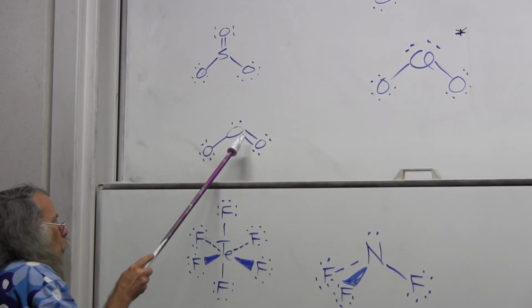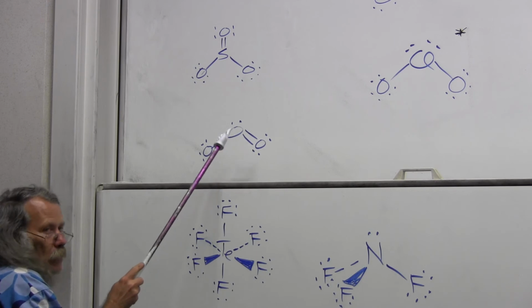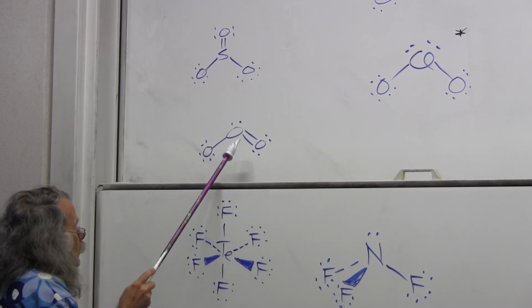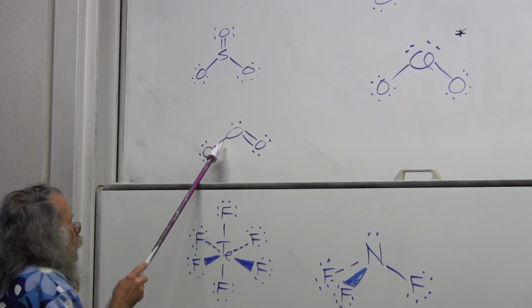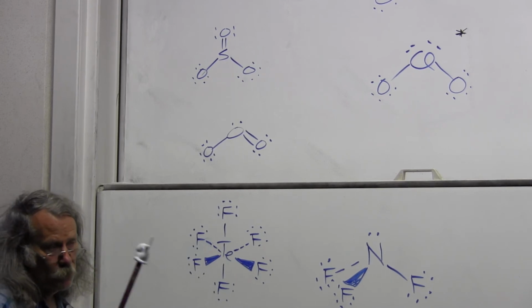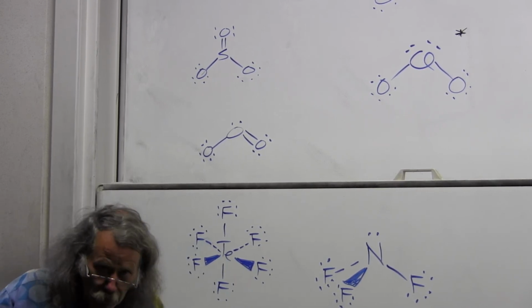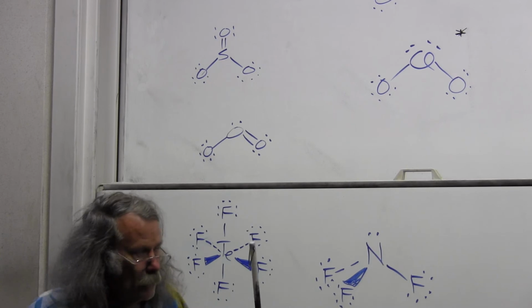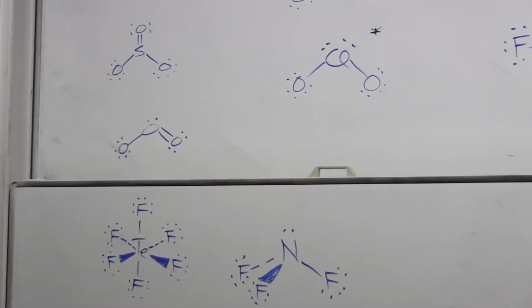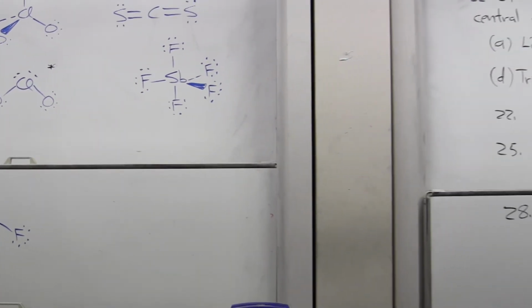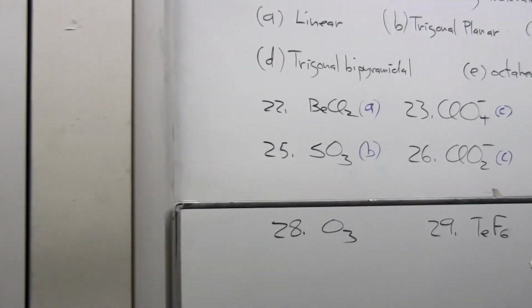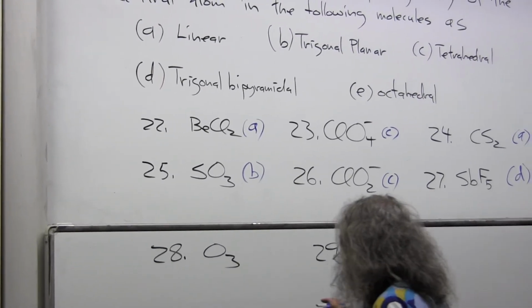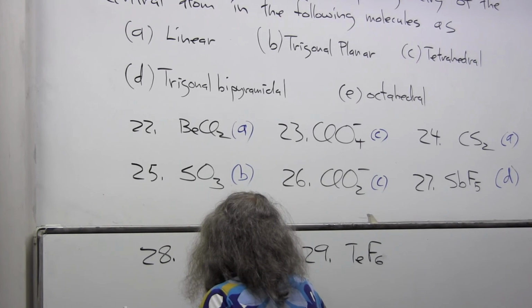The double bond counts as 1 E pair when we're determining E pair geometry. So I have 1, 2, 3 E pairs, which is going to require trigonal planar E pair geometry in order to get the E pairs as far apart from each other as possible. That is option B.